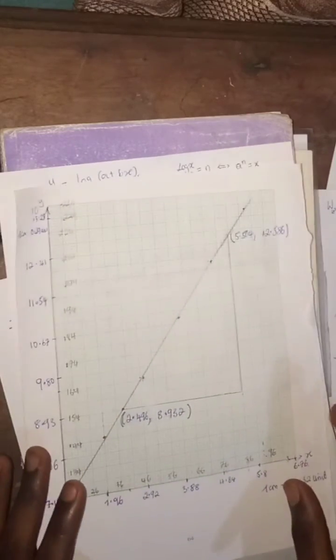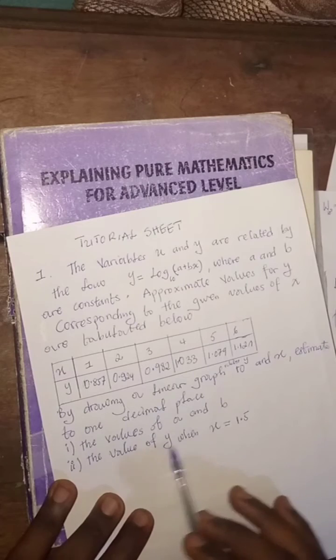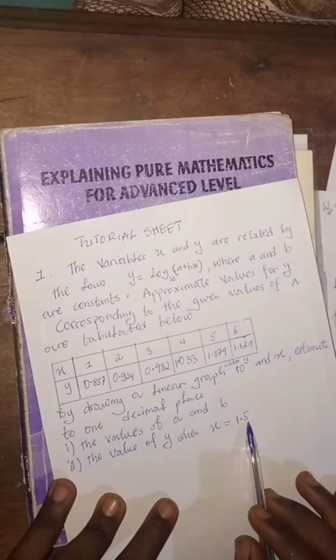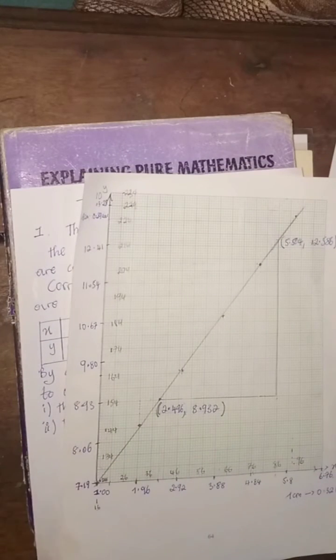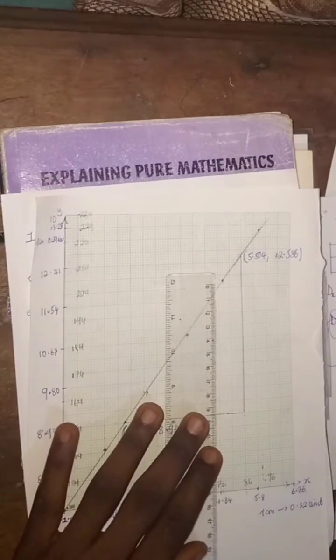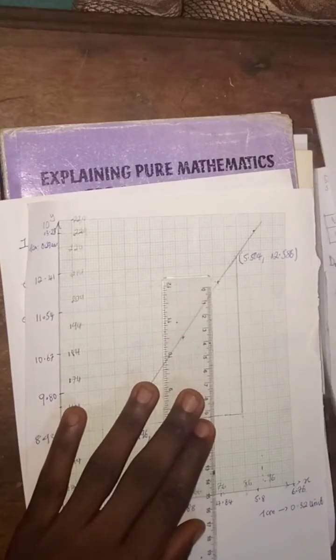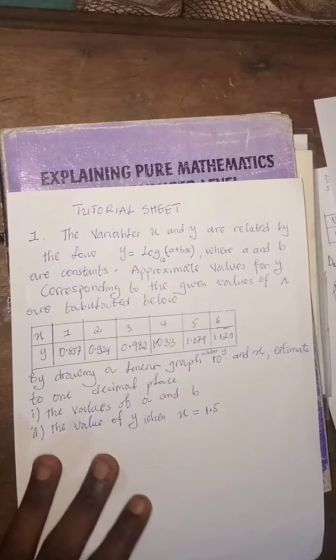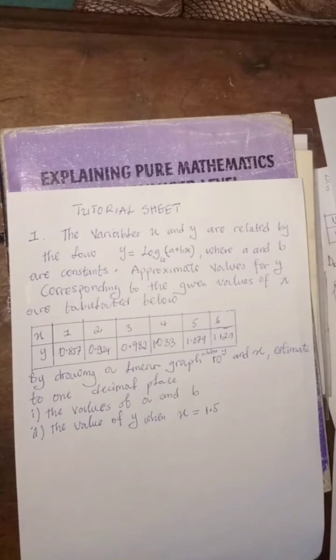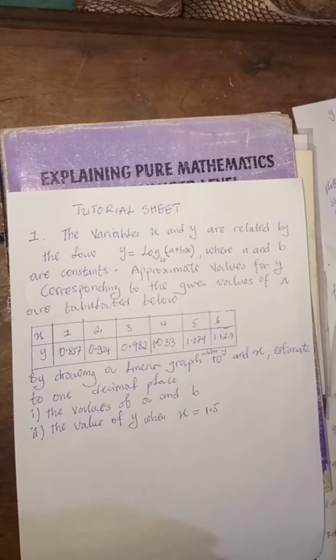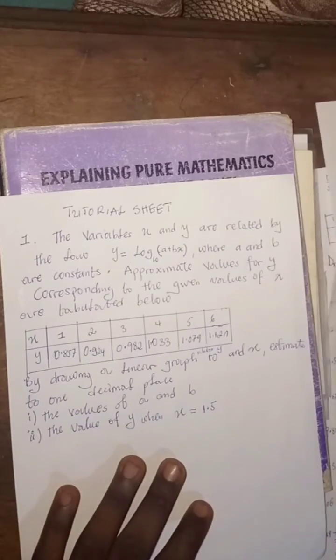Make sure you answer all the questions relating to the graph before you remove that value. The second part of the question was asking us to get the value of y when x is 1.5, right? So when x is 1.5, what's the value of y? So I will just indicate on my graph so that I know exactly what I'm doing at the end. I'll come and locate where I have x is 1.5. Since I don't know where 1.5 is located, I still use my whole numbers that I started with.